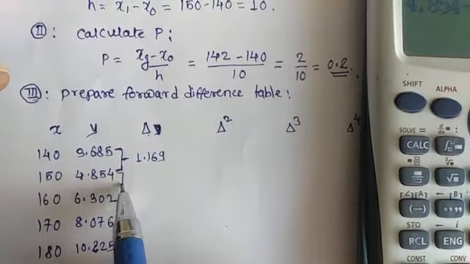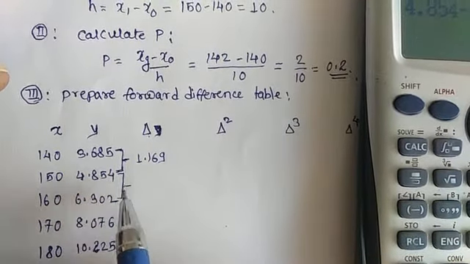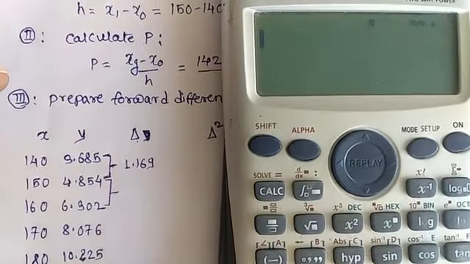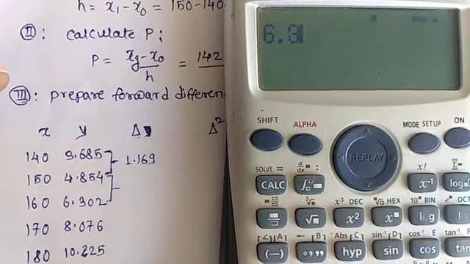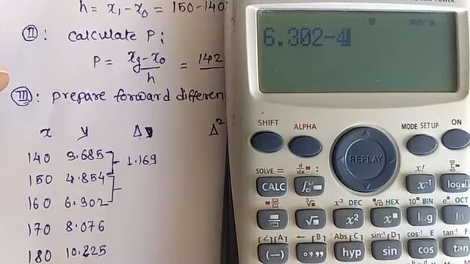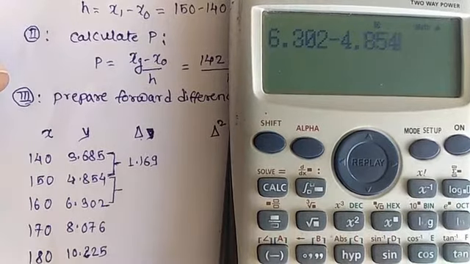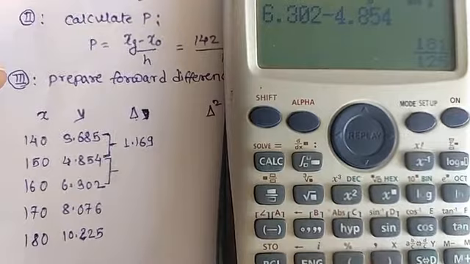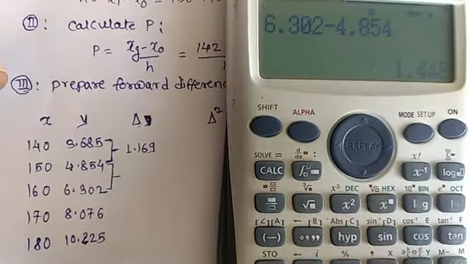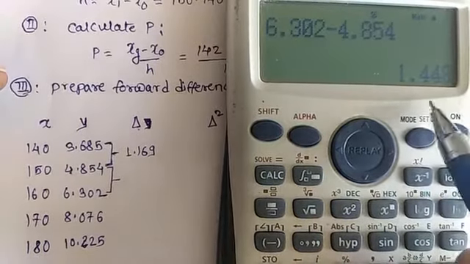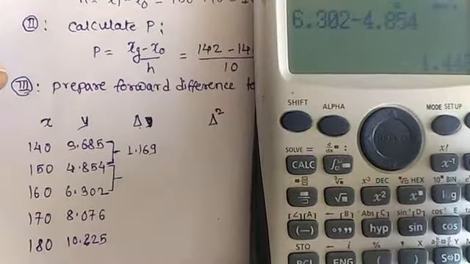Next it will be the difference of these two: 6.302 minus 4.854, which is a fractional value, so you click the S-D button so the fraction can be converted into decimal, which is 1.448.